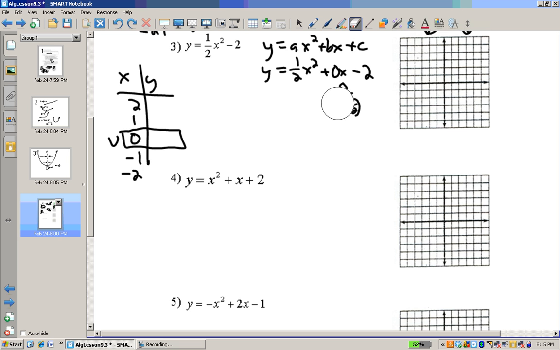And we're going to plug into the simplified version. 2 squared is 4. 1/2 of 4 minus 2. Half of 4 is 2. Minus 2 is 0.